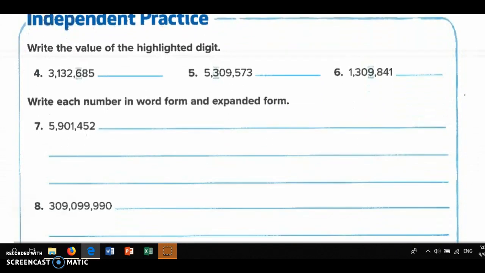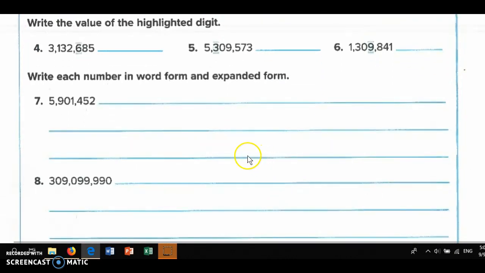Now you're going to try on your own. First, this number 6. What is the value of that 6? It is 6, 0, 0. So the value is 600. You try this one and this one. Write each number in word form and expanded form.